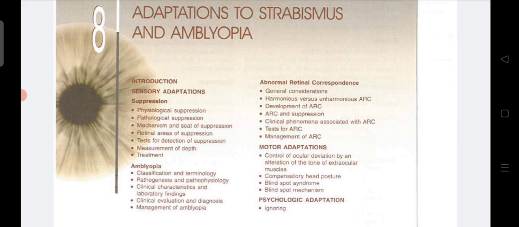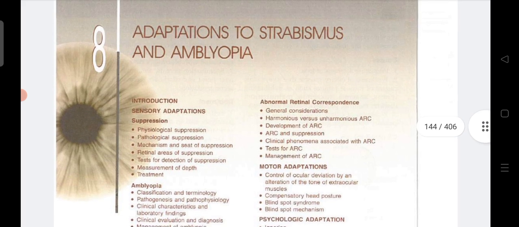The poor eye, the eye having poor vision, will become amblyopic or lazy eye. So this is called suppression. Suppression means one eye is dominating over another eye.